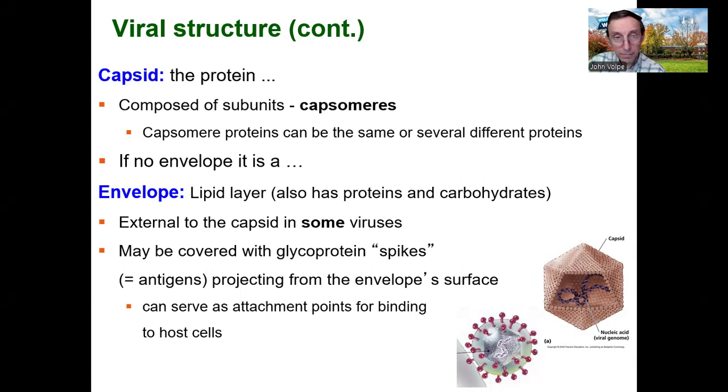An antigen is a region of a virus or a region of a molecule, which is the outermost region of the agent, which the host recognizes and then mounts an immune response against. So an antigen is just something the host recognizes as foreign and then mounts an immune response against.